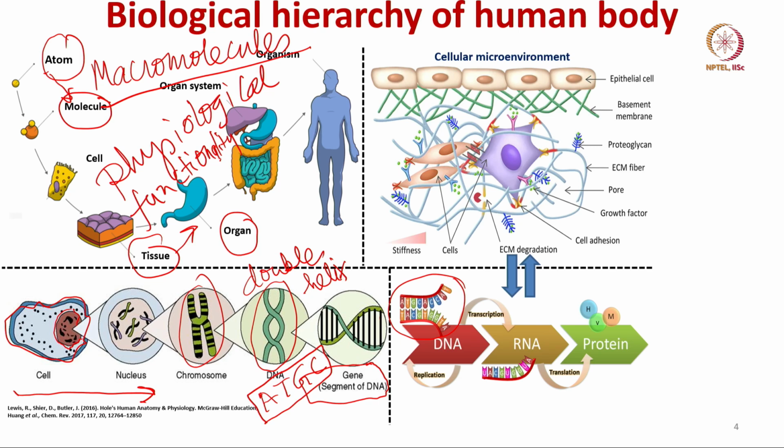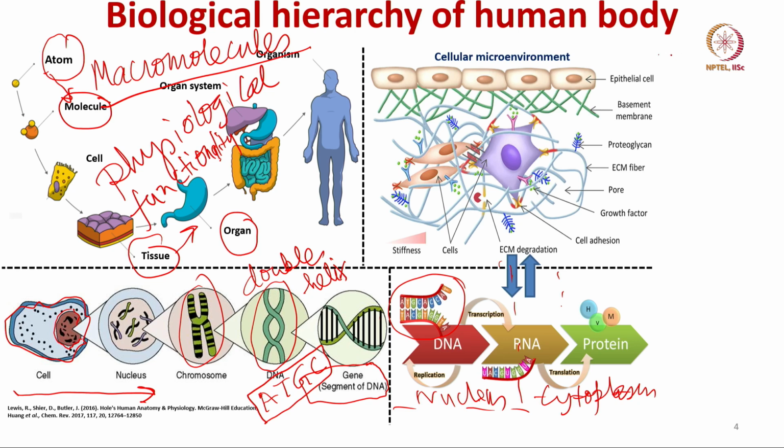So, in the eukaryotic cell, the DNA to RNA conversion takes place inside the nucleus of the cell. Outside the nucleus in the cytoplasm, the RNA to protein translation process takes place.